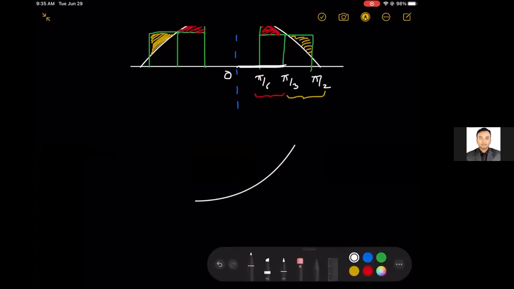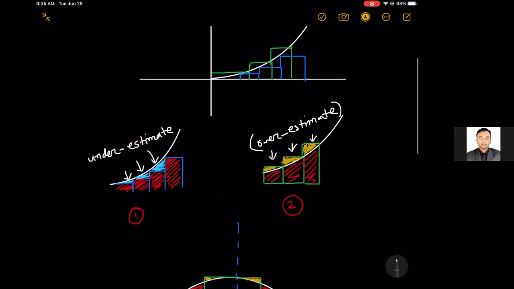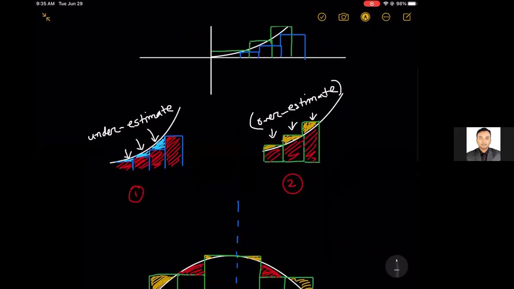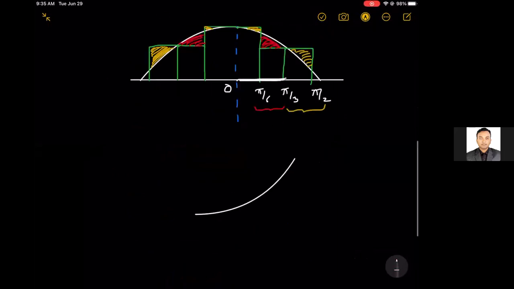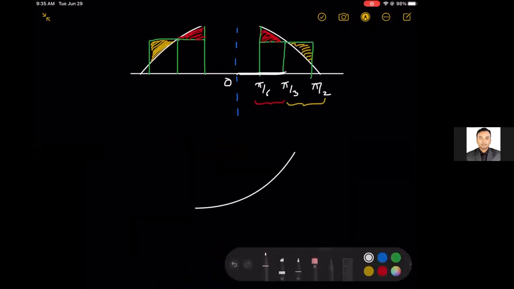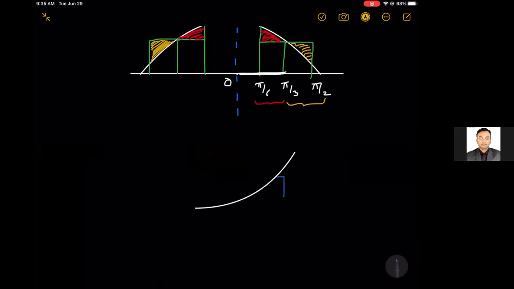And instead of going the way we have gone on these 2 cases, let me try this way. Let me use the middle part of the rectangle. Now we'll be using the middle part of the rectangle. That means it will look like this.